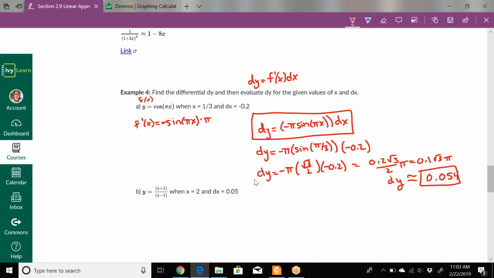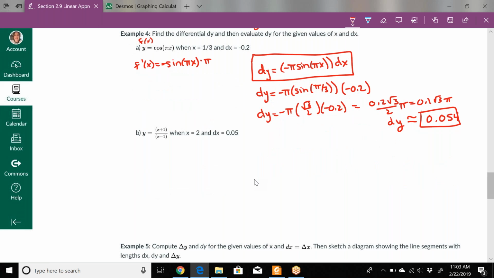And then the other one I wanted to do real quick is one that is a quotient rule. So that this is our f of x, then we need to find our first derivative to be able to write the differential dy. So this would be bottom times derivative of the top, which is just going to have a derivative of 1, minus the top times the derivative of the bottom, which also has just a derivative of 1, all over the bottom squared.